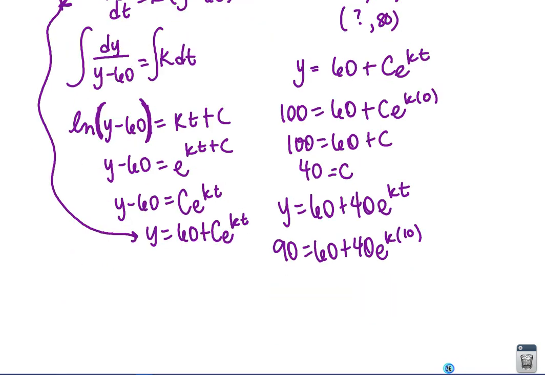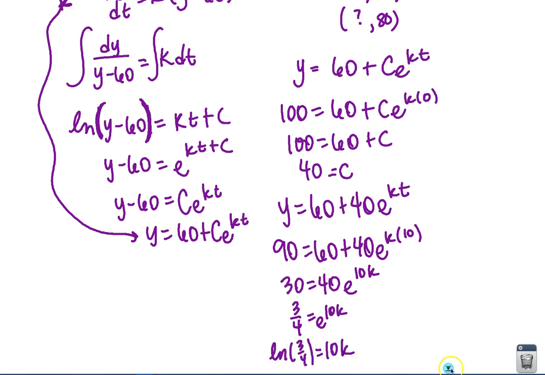Let's scroll down a bit here. 90 minus 60 is going to be 30 equals 40 e to the 10k. I'm going to divide by 40 on both sides, so that becomes 3/4 equals e to the 10k. Take the natural log: the natural log of 3/4 is 10k.